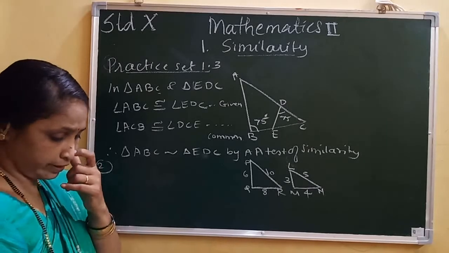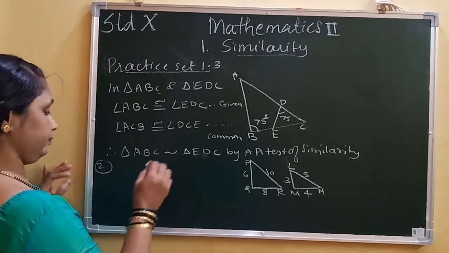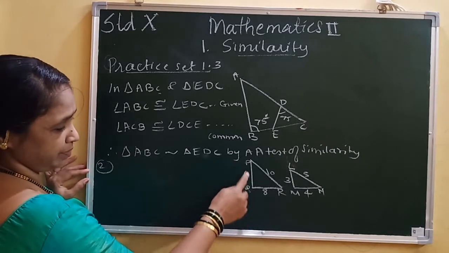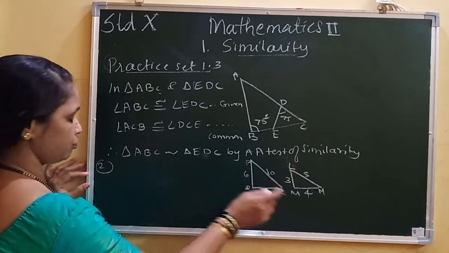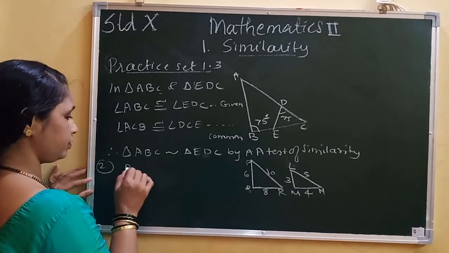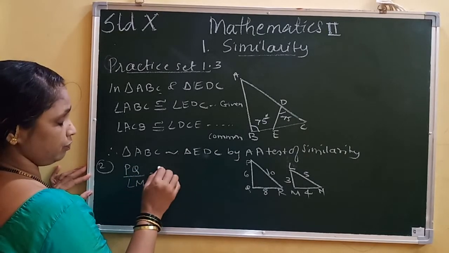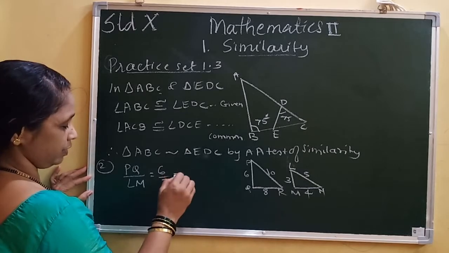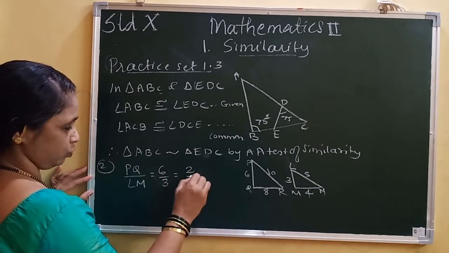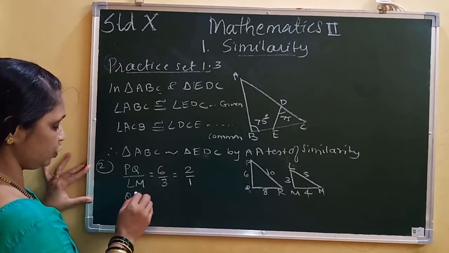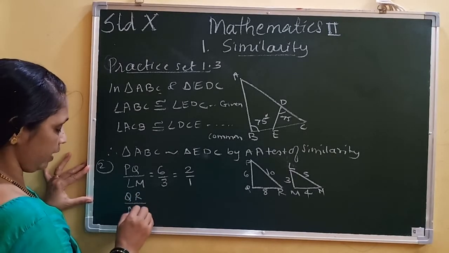Now what will we do? See its corresponding sides. Now PQ, the bigger triangle's side, corresponds to the smaller triangle's side LM. So what can we write? PQ upon LM will be equal to 6 upon 3, which is equal to 2 by 1. Now the next side is QR upon MN.